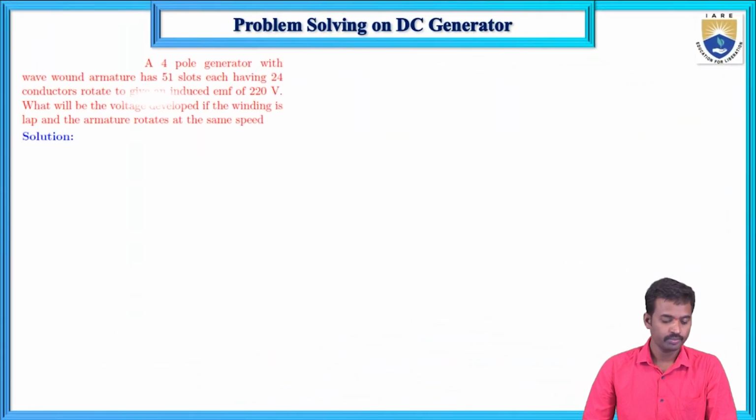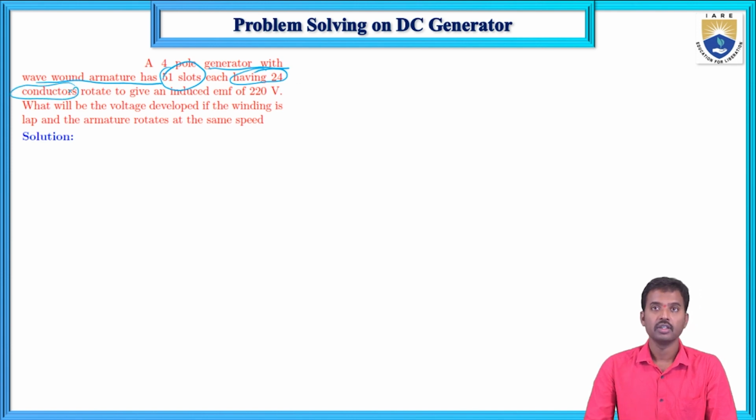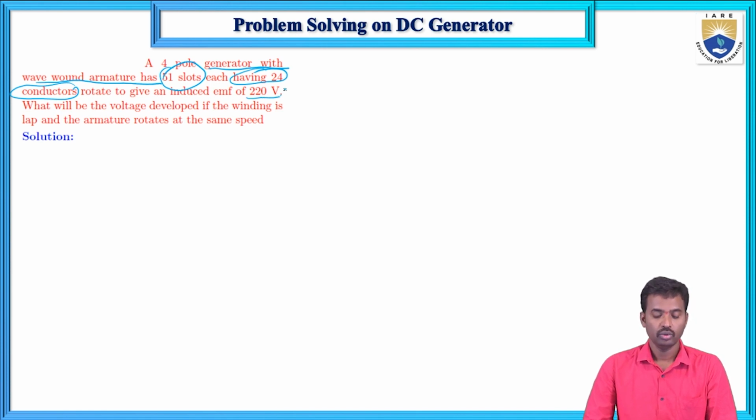Now the third problem. A 4-pole DC generator with a wave-wound armature has 51 slots and 24 conductors per slot, rotating to give an induced EMF Eg equals 220 volts. What will be the voltage developed if the winding is lap and the armature rotates at the same speed?